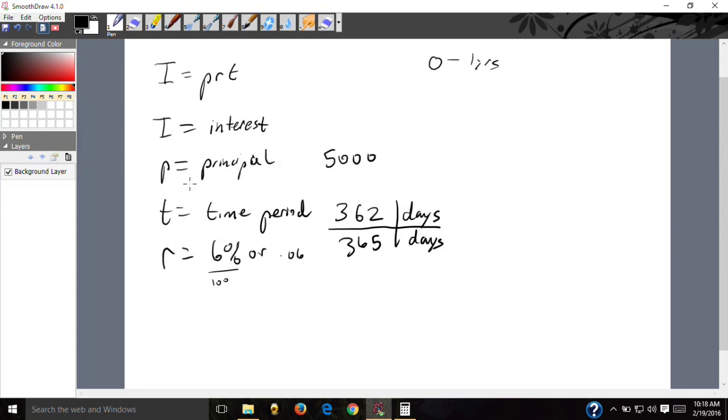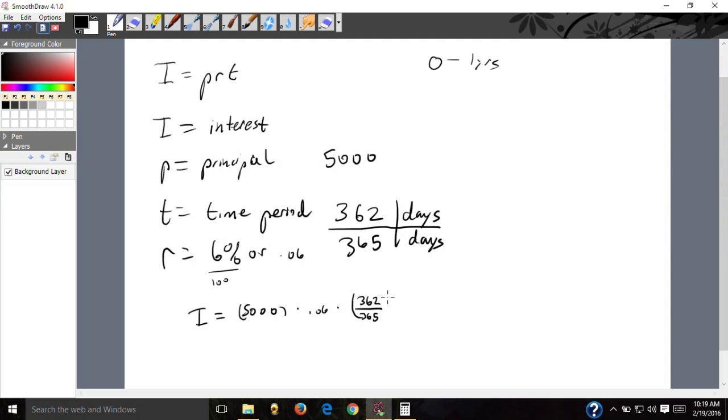So, given this information, I'm going to plug it into the equation. I is equal to 5,000 times the rate, 0.06, times the time period, which is 362 over 365.